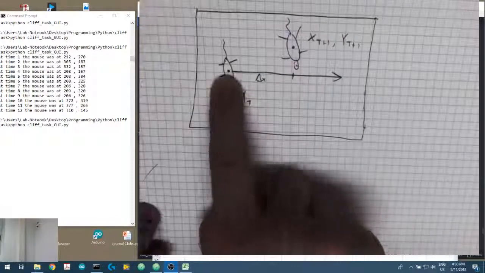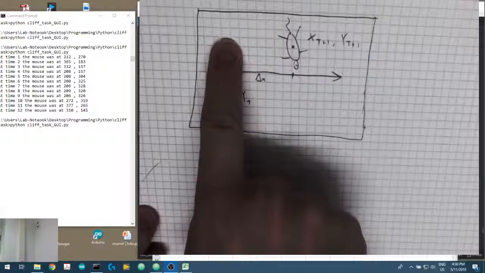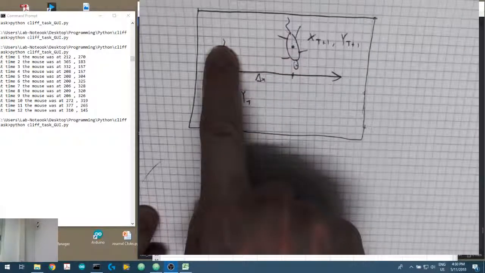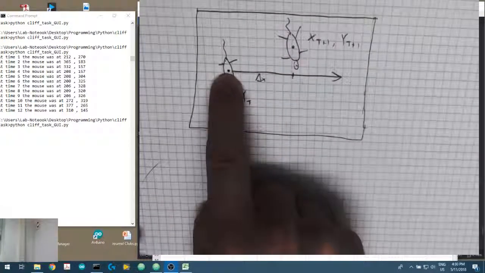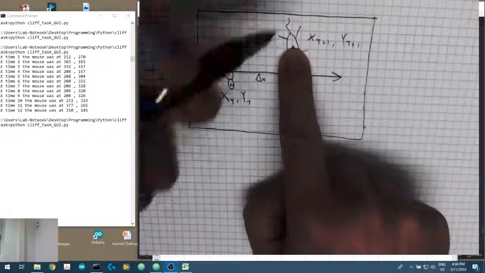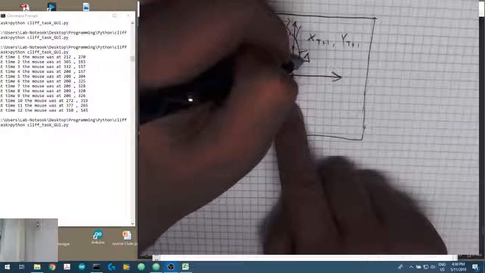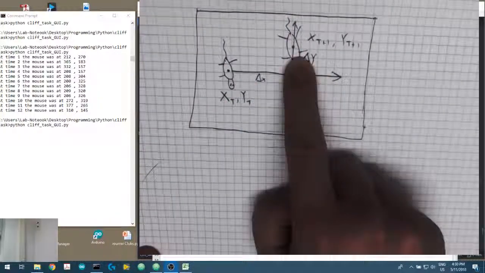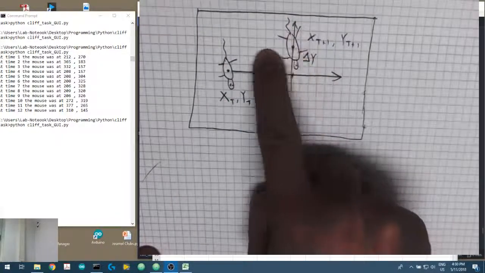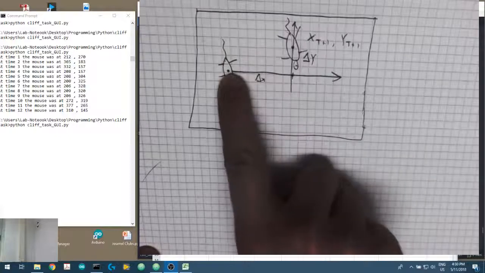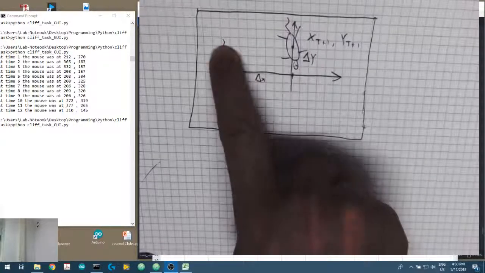And we also know that he's gone from here up to around about here in the Y direction. We've got those values in our CSV file. So we've got a delta Y, because he's gone from here up to here.